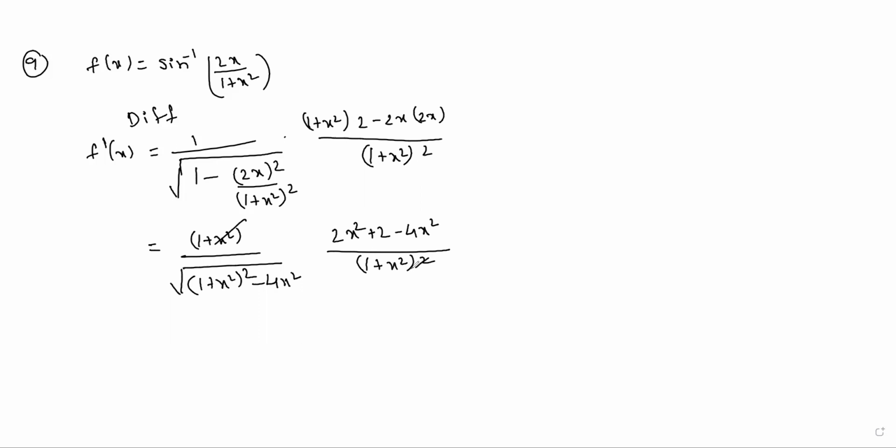Now one term gets cancelled. Now the numerator remaining is 2 minus 2x square, divided by this, which is a plus b whole square minus 4ab. It clearly becomes a minus b whole square, that is 1 minus x square whole square. In the denominator, what remains is one more 1 plus x square.